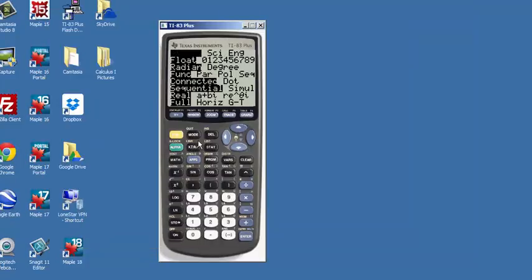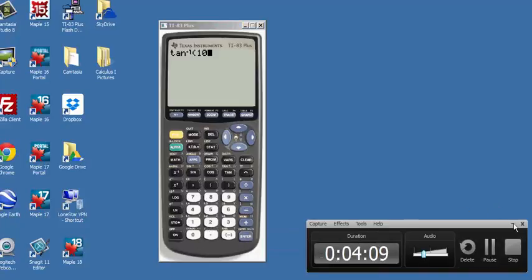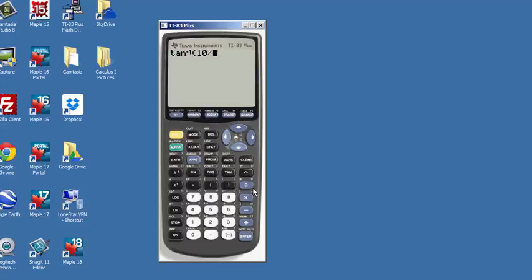And so what I need to do is make sure the mode, if I'm going to want an answer in degrees, I've got to be in degrees. And so I'm going to use the arc tangent of 10, divided by, now I'm going to put this in parentheses here to make sure that I get the whole division here. So 4 times the square root of 13. And that gives me an angle value of 34.74.